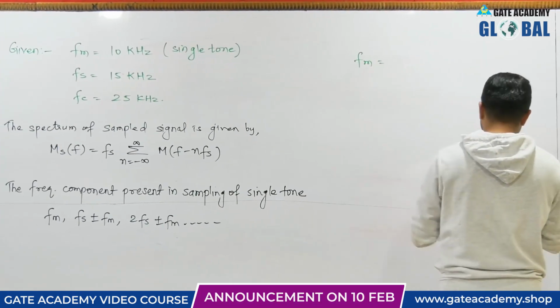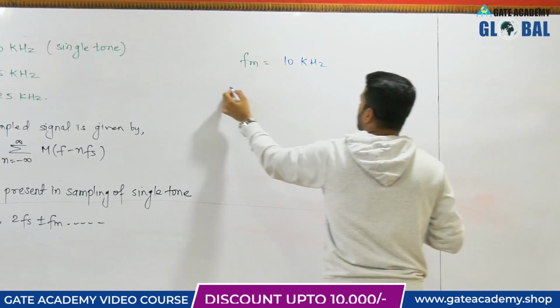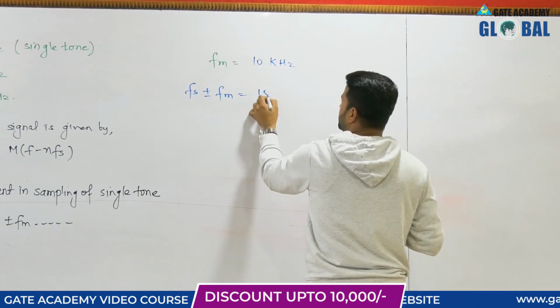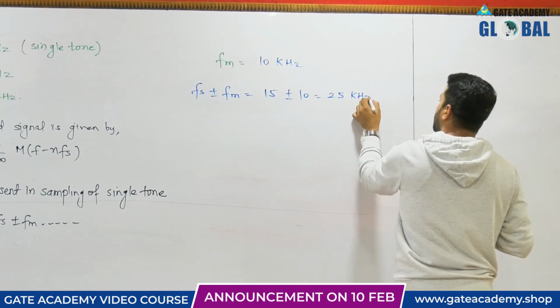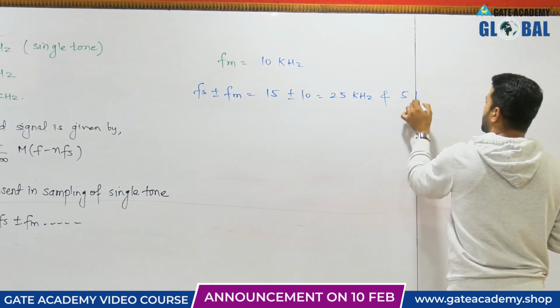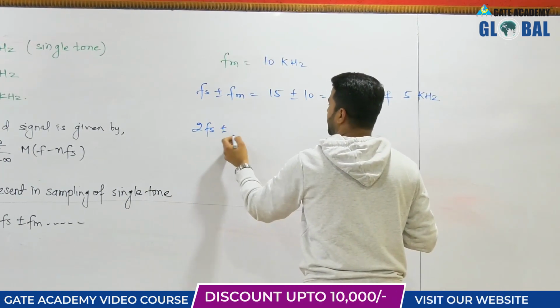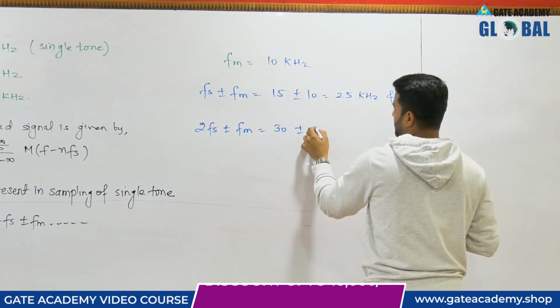These are fm, which is 10 kHz, fs plus minus fm, which is 15 plus minus 10, that means 25 kHz and 5 kHz, and 2fs plus minus fm, that is 30 plus minus 10.